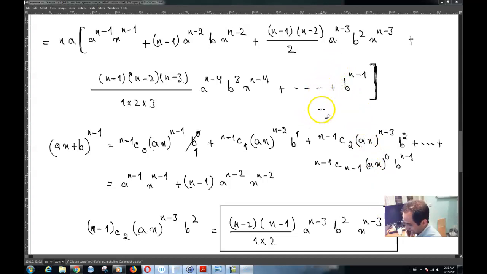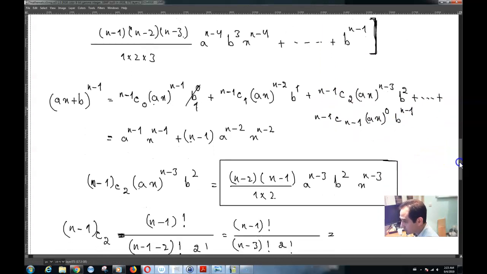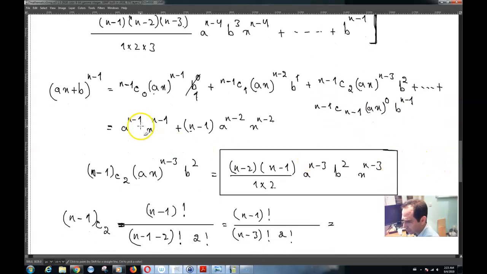So then I can write this over here as well, the same thing basically: n minus 1 times n minus 2 over 2, a raised to the power n minus 3, b raised to the power 2, x raised to the power n minus 3.